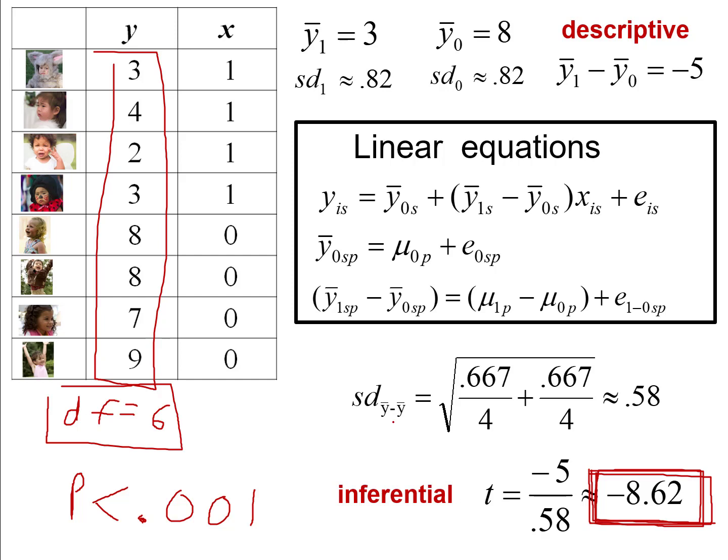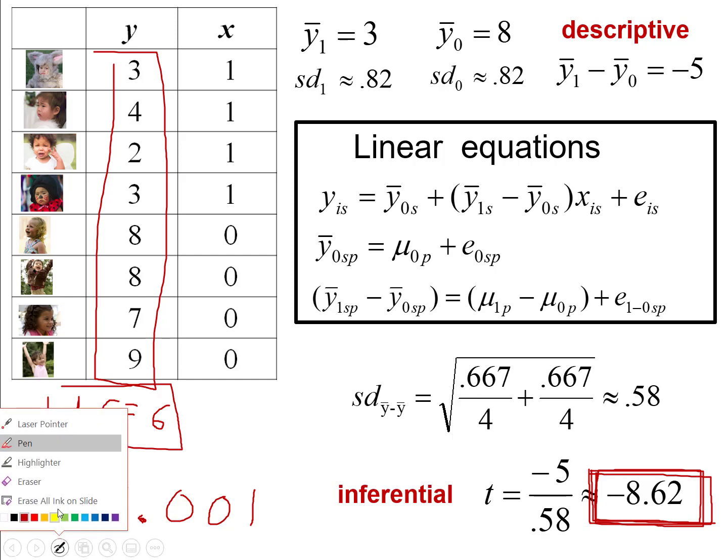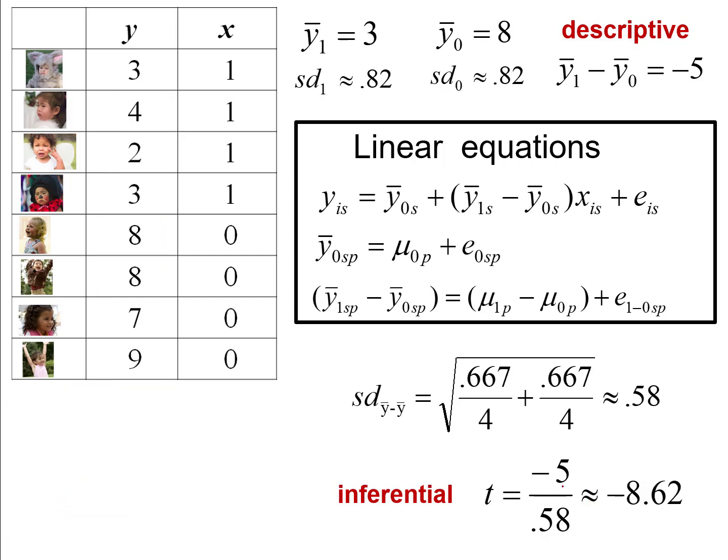So I've given you an example here with a very extreme t-value. Now, one thing that might help as you're looking at t-values is to keep in mind that usually a t-value becomes significant somewhere around 2. If you have a big sample, it's probably going to be a little bit less than 2. And if you have a really small sample, it might be slightly more than 2.